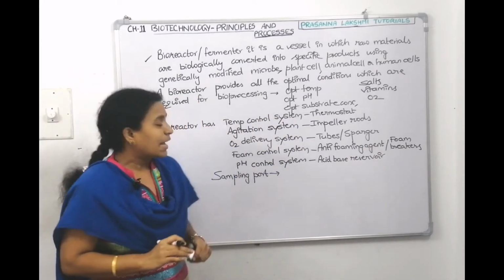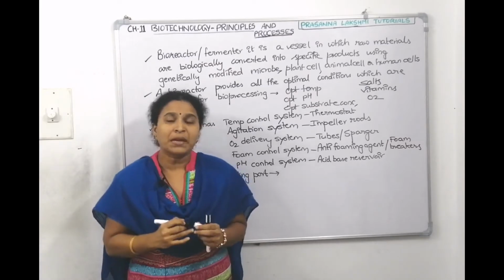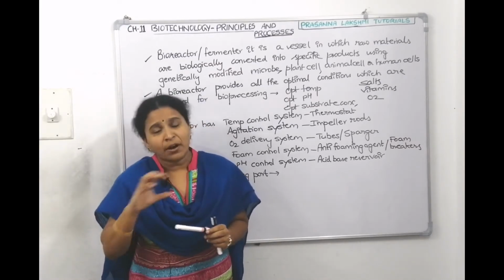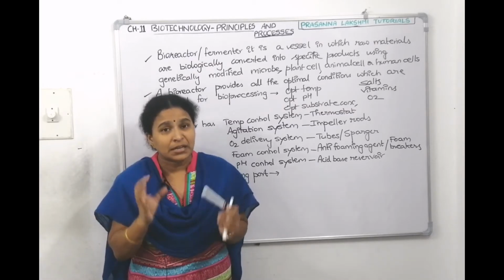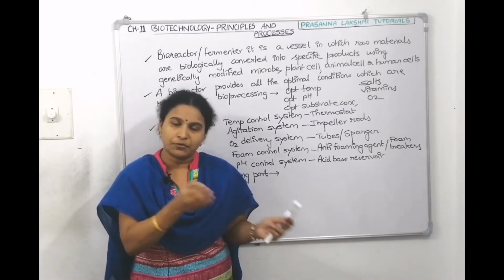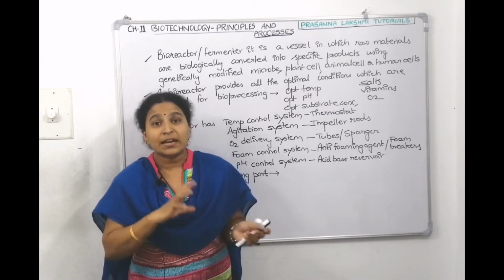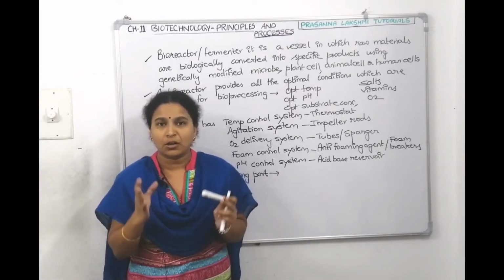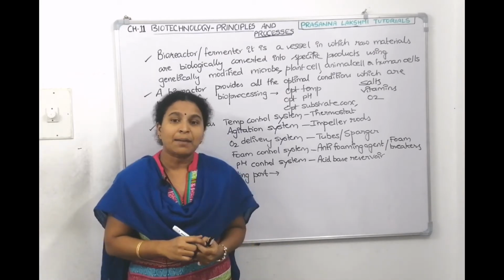So then what is sampling port? Sampling port means it is a place through which we can extract the sample, and periodically we can extract the sample and see how the progress of the reaction is happening inside. So is there any contamination, or the rate of the progress of reaction is happening properly or not, we can see. Come on, tell me what is sampling port?